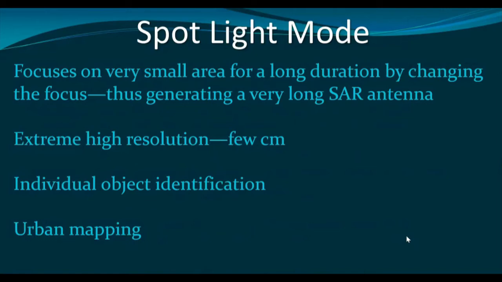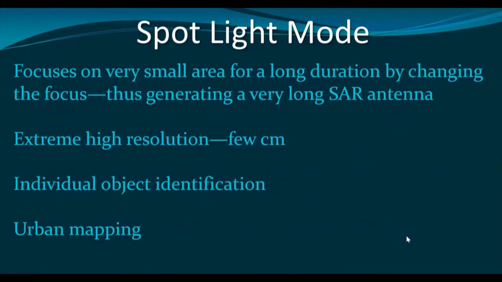In this case, we can get very high spatial resolution, even a few centimeters. This type of scanning may be very useful for urban mapping, for disaster management, for earthquake disaster management, and also for individual object identification. If we want to identify very small objects, then the spotlight mode would be very useful.